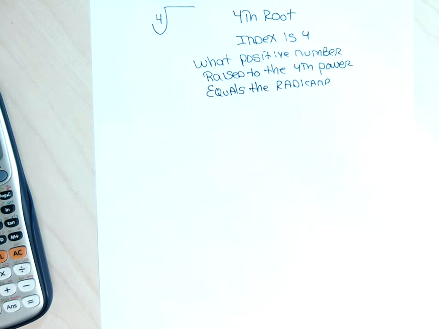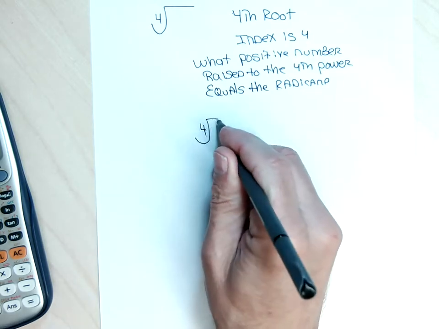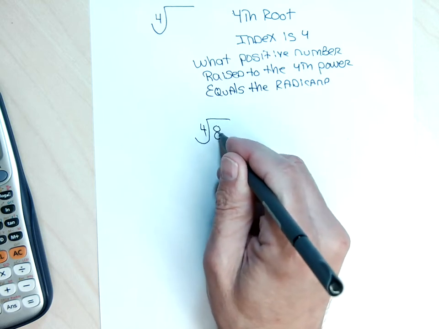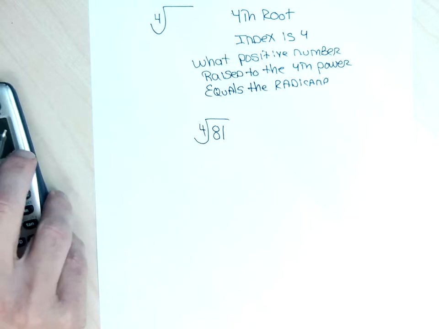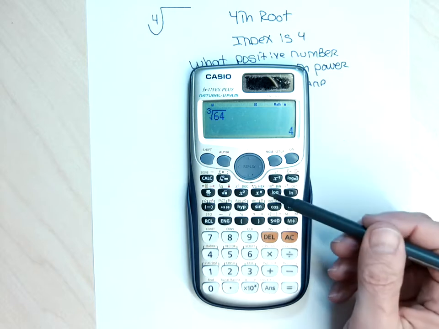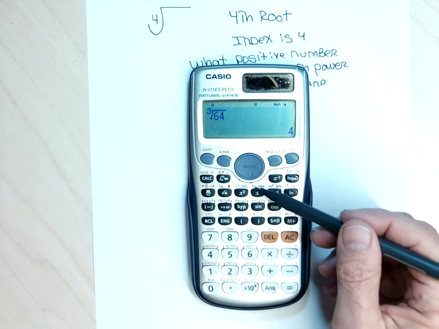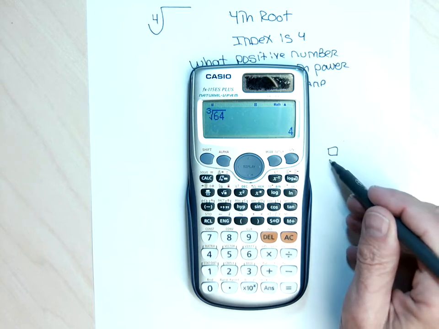So if I wrote a problem like this, what is the fourth root of 81? This is asking me what positive number raised to the fourth power is 81. My calculator doesn't have a special key for fourth roots. Most calculators won't. On my calculator, I don't know that you can see this so well, but it has a key that looks like this.